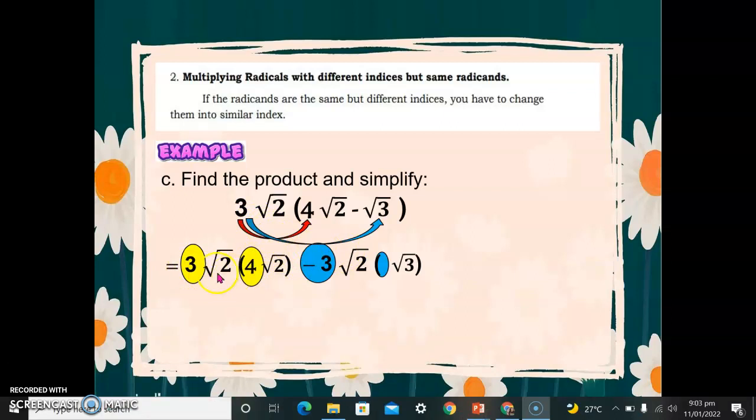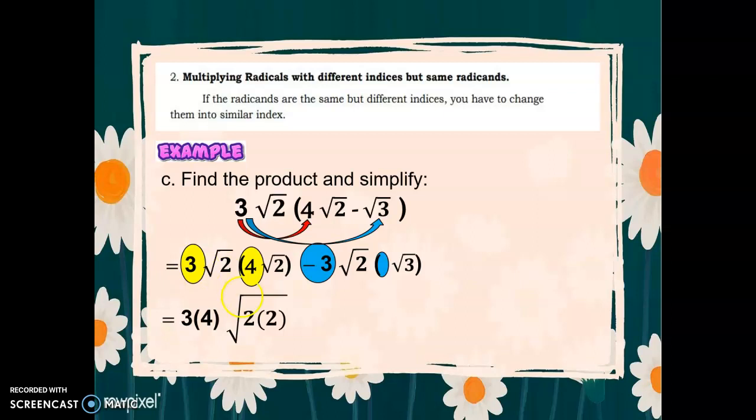So, color coding tayo, first group and second group. 3 times 4 is 12. Ayan, 3 times 4 and then 2 times 2. Next is 3 times 1, kasi wala po siyang nag-appear doon, diba? And then 2 times 3. So, 3 times 4 is 12, 2 times 2 is 4, 3 times 1 is 3, 2 times 3 is 6.